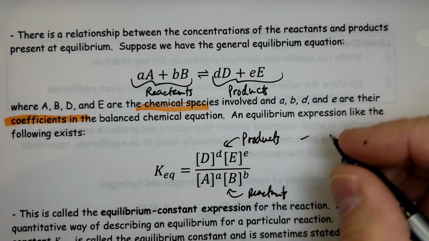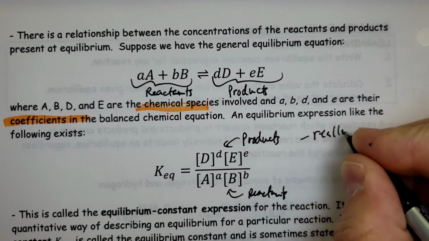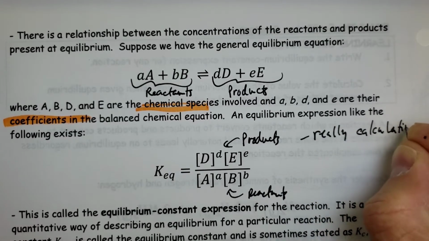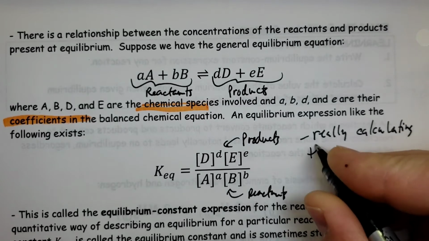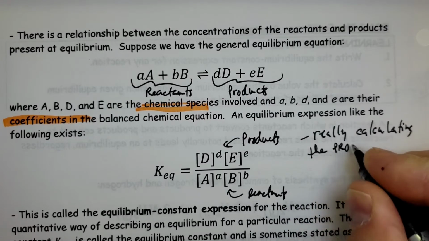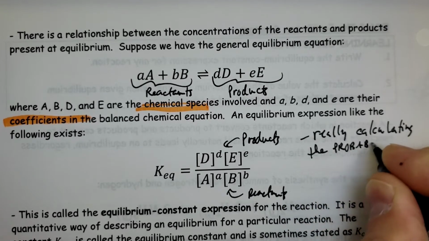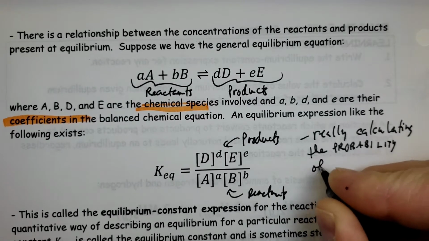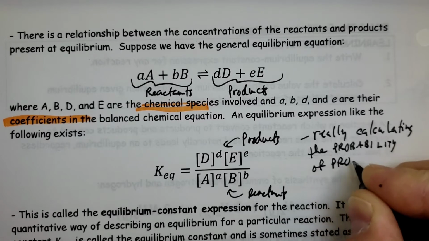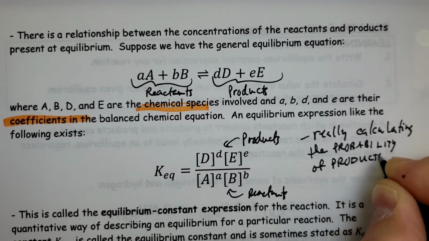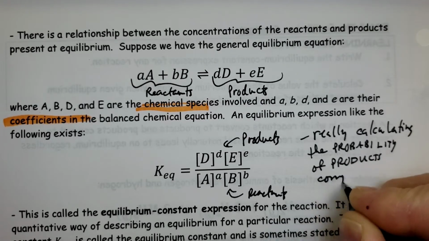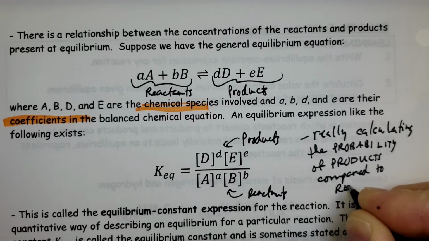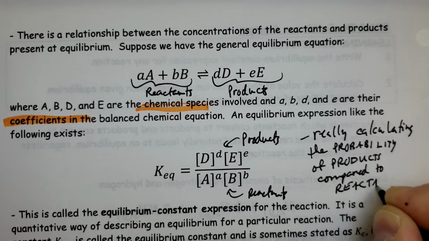So let's just say we're really calculating the probability of products compared to reactants.